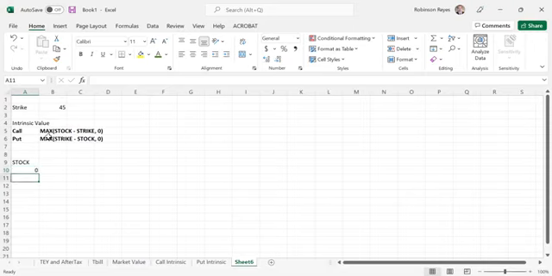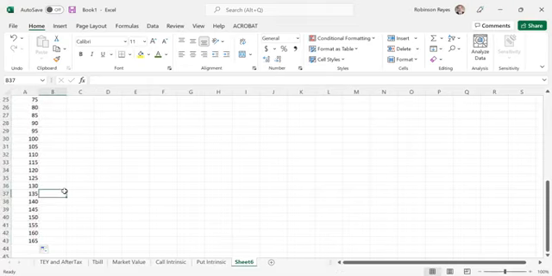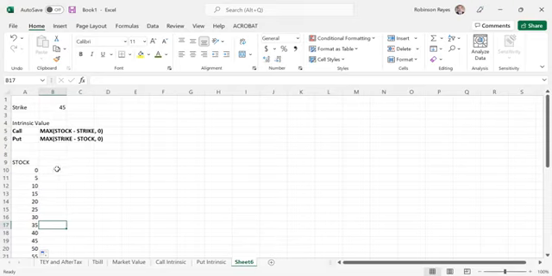So let's begin with 0, then 5, then 10, then 15, and so on. Let's scroll this down and let's be a little bit ambitious. We're hoping this is going to go all the way to $165, and it can go as low as 0.